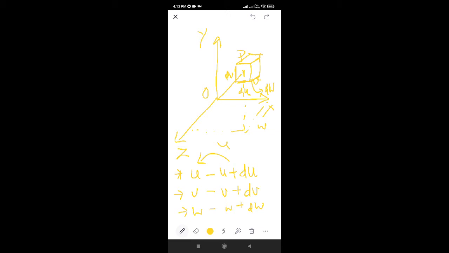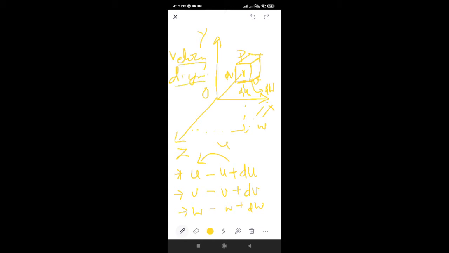Now we are formulating the problem itself. Since this is a speed distribution, we call this a velocity diagram.